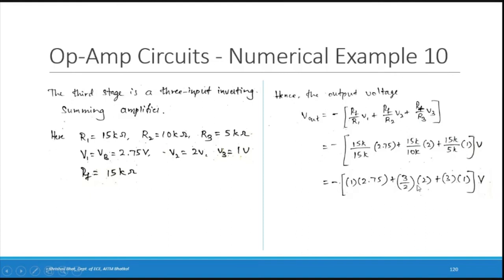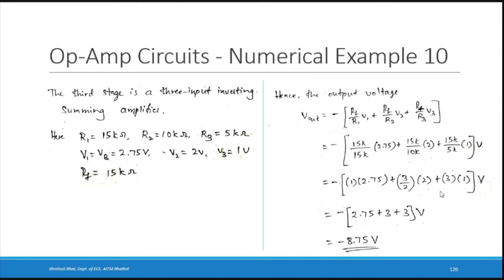So 2.75 plus 3 plus 3 is 8.75, right? Minus 8.75 volts. That's the output voltage after all the 3 stages.